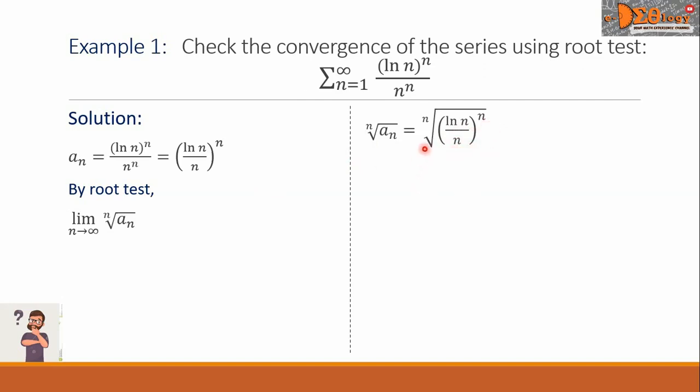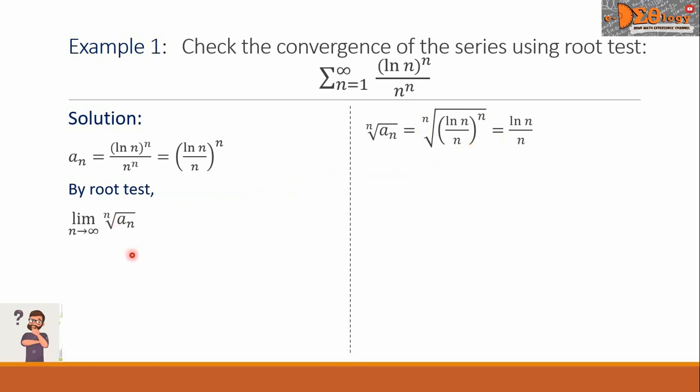We can see here that the index of the radical is the same as the exponent n, so we can cancel the radical and the exponent n. And this will now be simplified into ln n all over n. This value is what we're going to use in here.